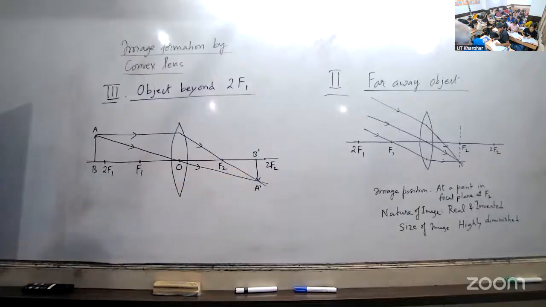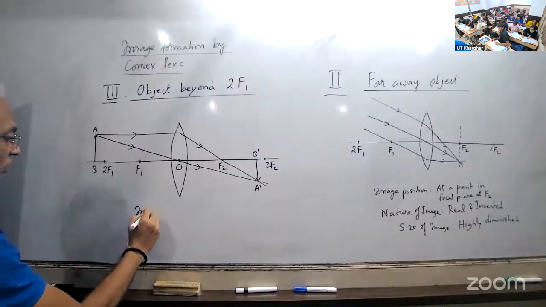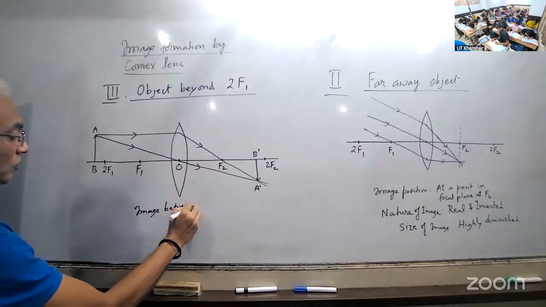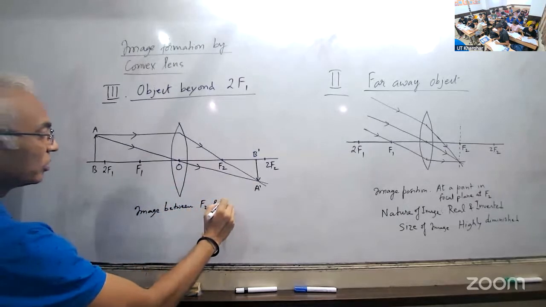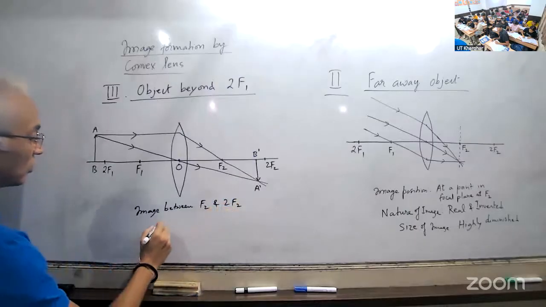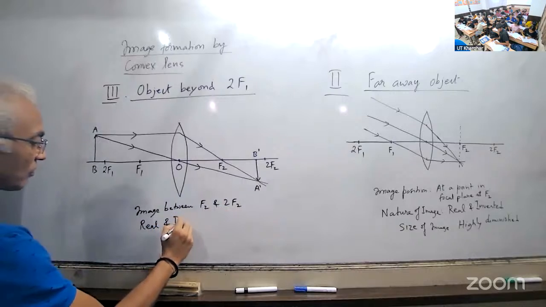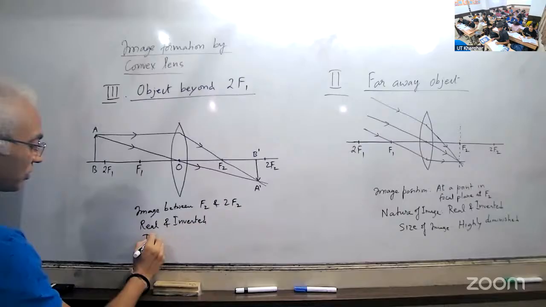Okay. So now, what is the image position? Image between F2 and 2F. It is real and inverted, and diminished.